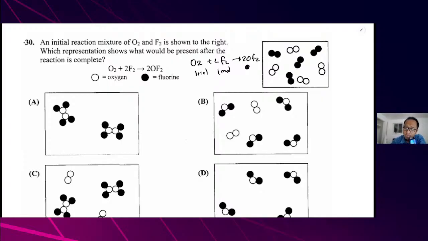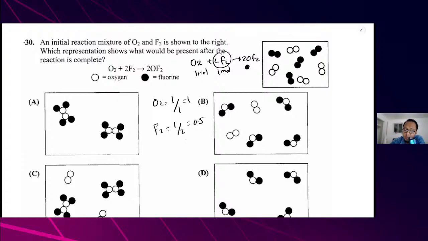As I mentioned, for O2 we can do it this way, 1 mole per 1 coefficient, and for F2 it will be 1 divided by 2, so it will be 0.5. Which one is the smallest? The smallest is F2. So F2 will be running out first.